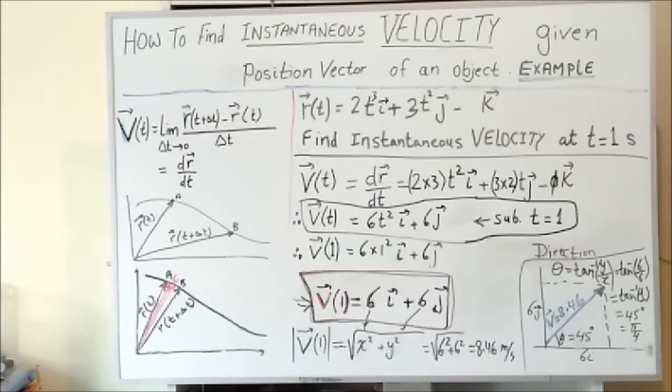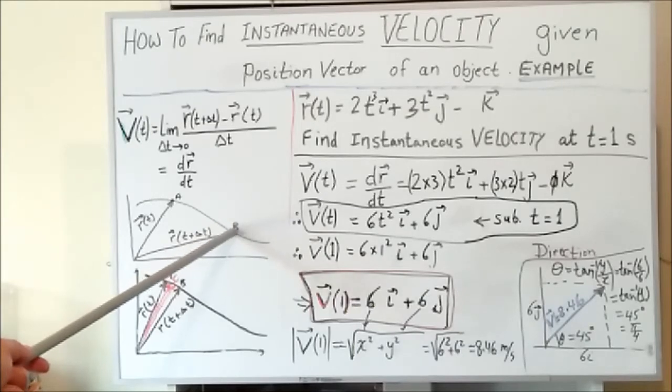But if we are talking about instantaneous velocity, this change in time is so small, it's almost zero, which means that the 2 points here, R(t plus delta t) and R(t), become so close.